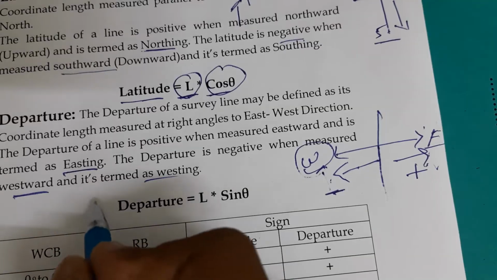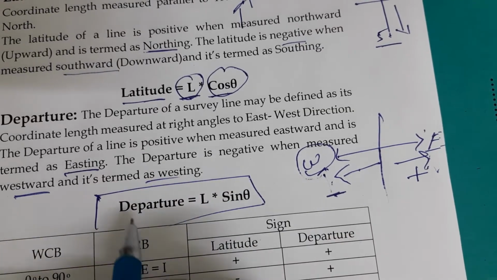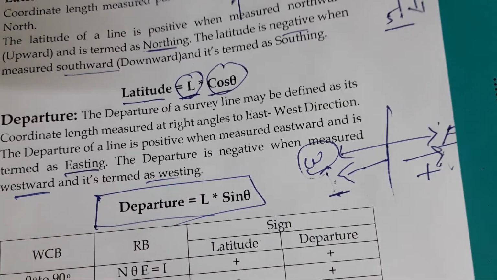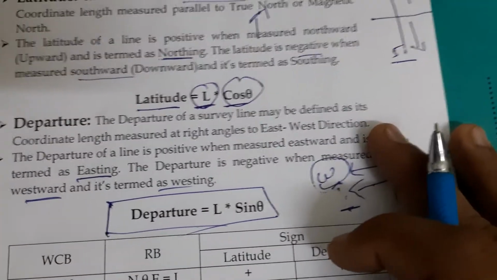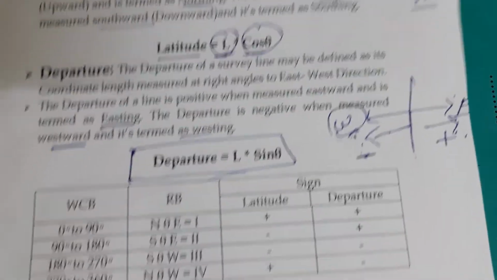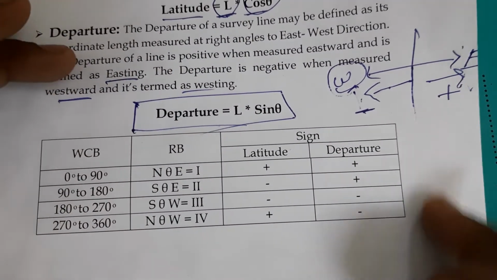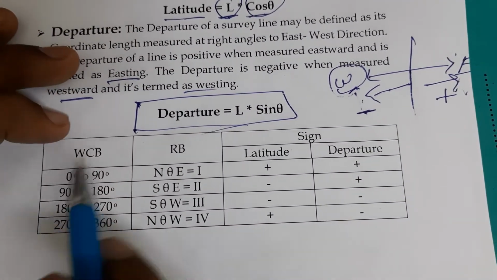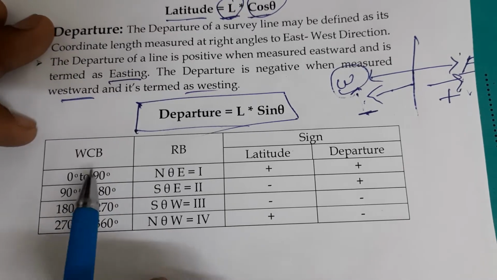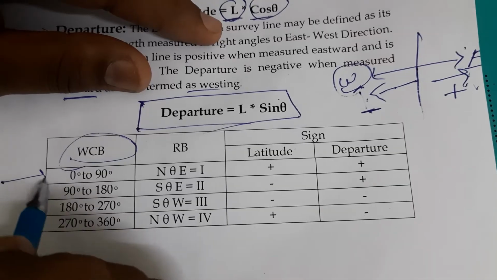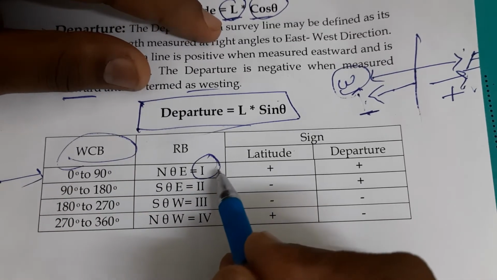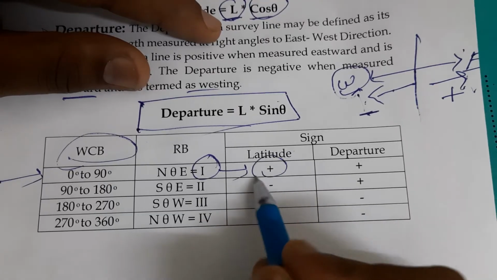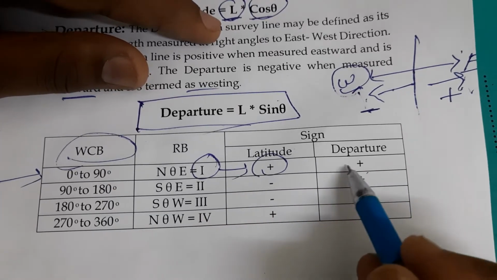Here you can see the equation: departure is L sin theta, where L is the length of that line and theta is its angle. Now the sign is given based on the quadrant. In a whole circle bearing, if the angle is between 0 and 90 degrees, it is in the first quadrant, and both latitude and departure have a positive sign.